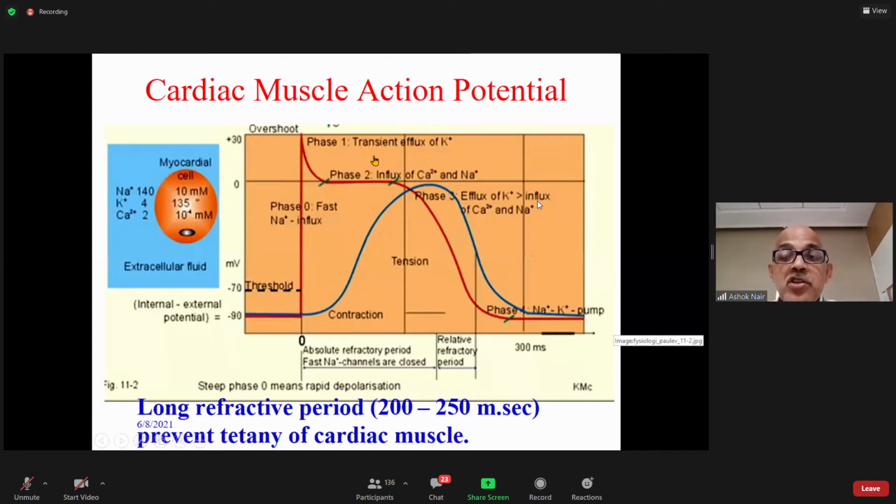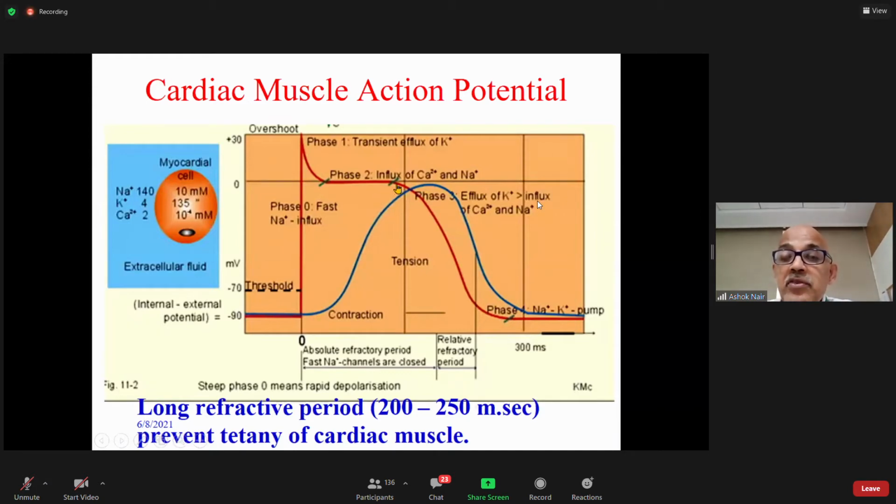Cardiac muscle action potential, the plateau phase, the contractile event. This is an electrical event. The red one is the electrical event. This is a mechanical event. The mechanical event always follows the electrical event. In the case of the heart, because of the influx of calcium ions, excitation-contraction coupling is occurring.